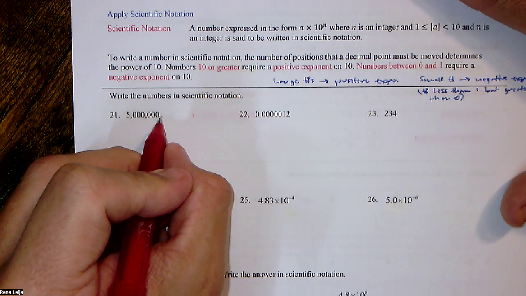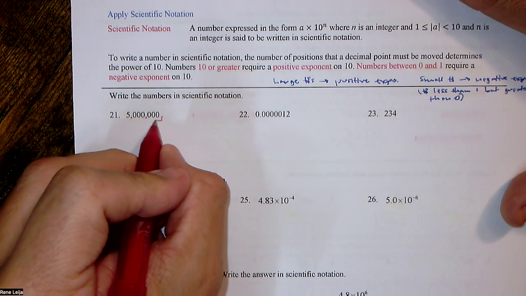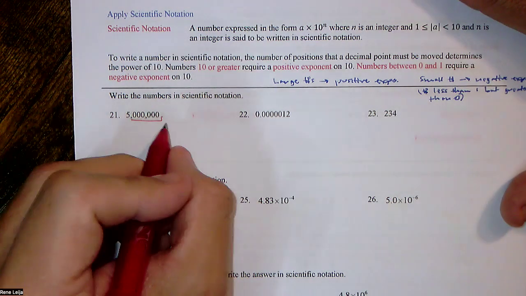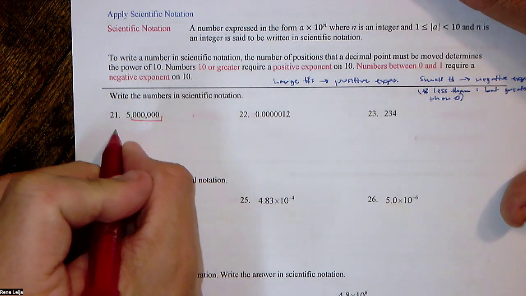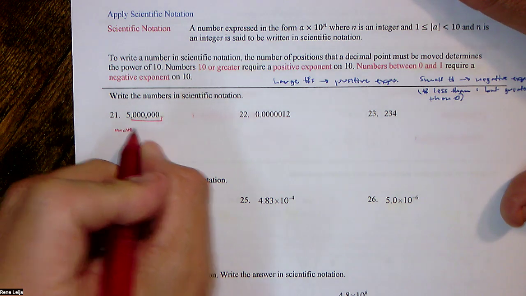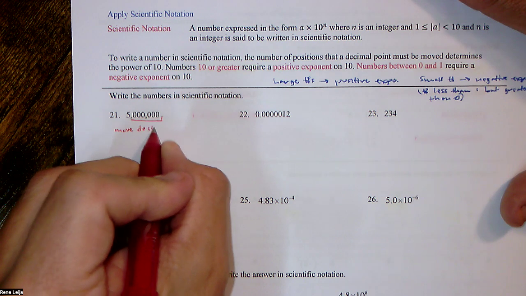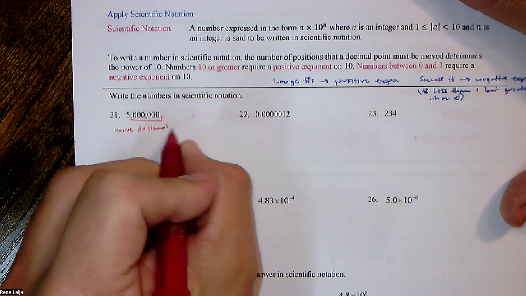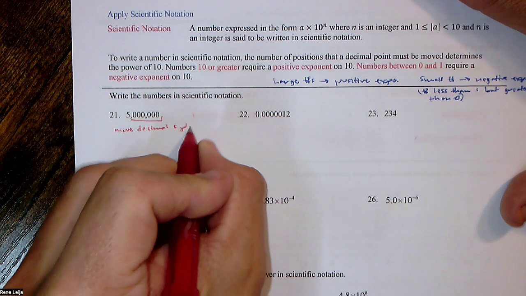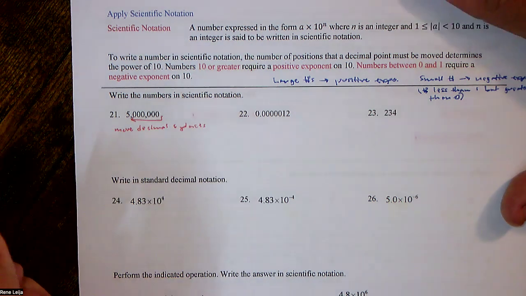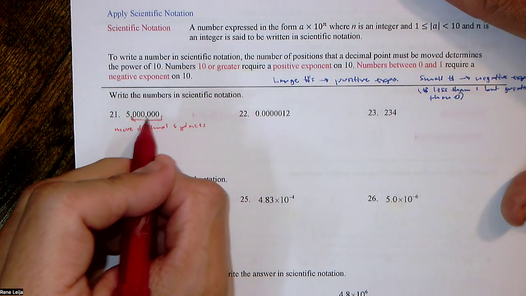In order to do that, I would have to move the decimal 6 places to the left. 1, 2, 3, 4, 5, 6.